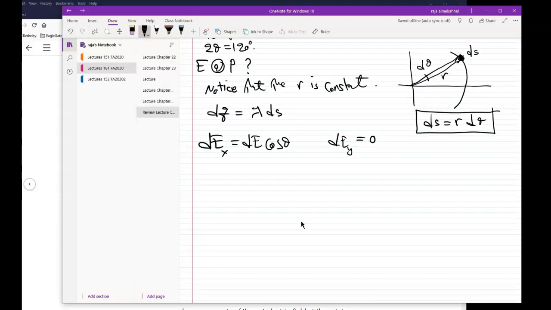So what is dEx in this case? dE, by definition, is k dq over r squared. We've done that before. So going back to dEx, dEx will equal k dq over r squared, and again, remember, r squared is a constant, times cosine theta.